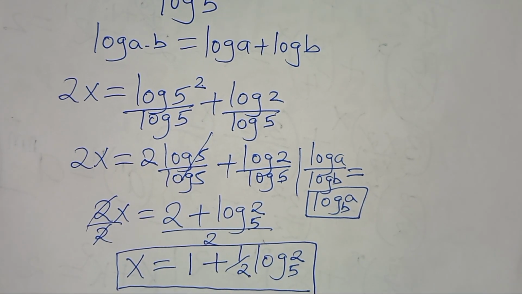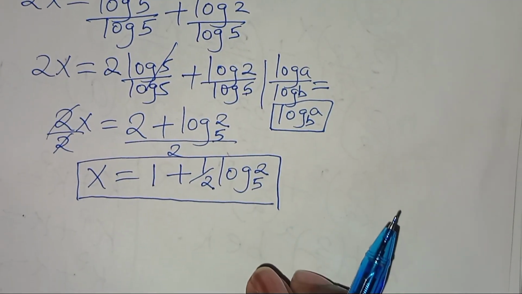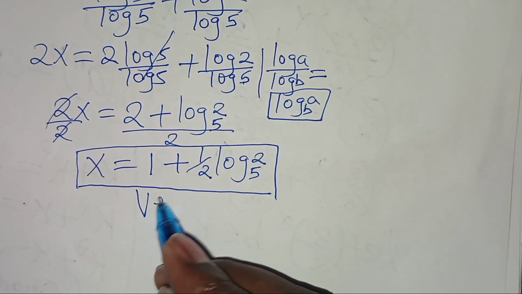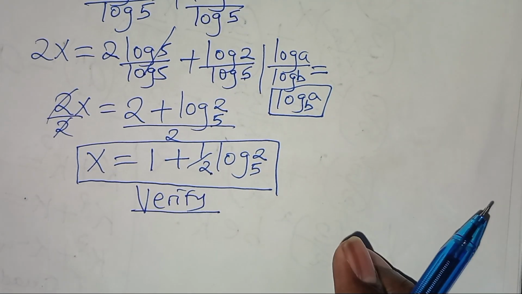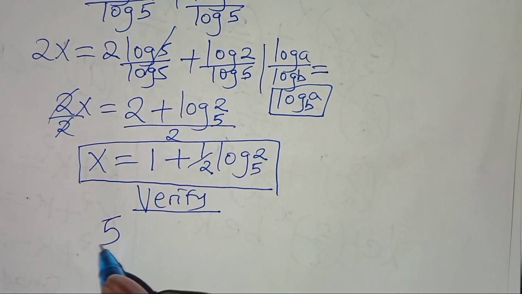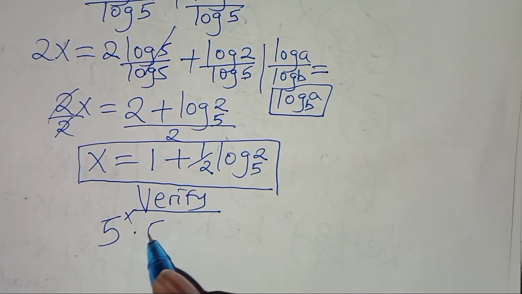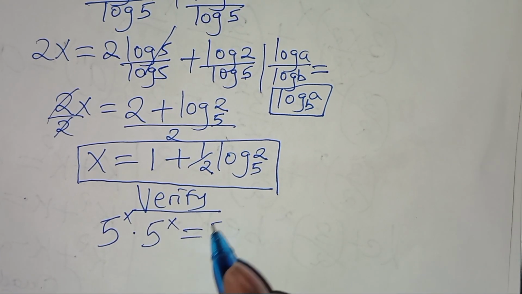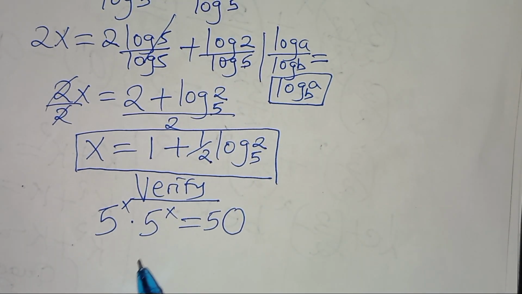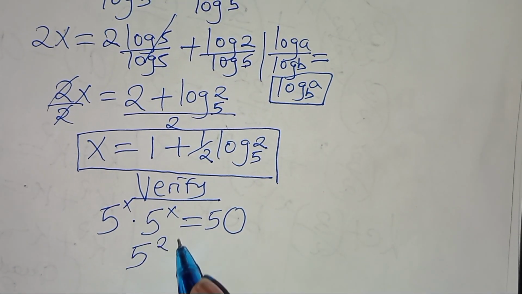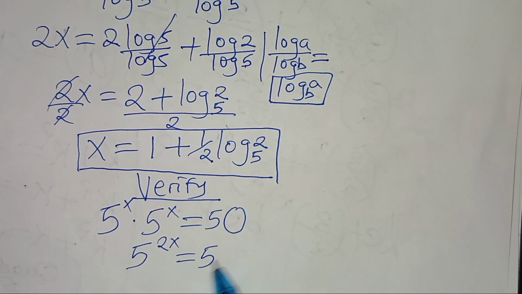So let's verify that this value of x actually satisfies the equation. Now we have that 5 to the power x multiplied by 5 to the power x is equal to 50. Now we express this further as 5 to the power 2x, which is equal to 50.